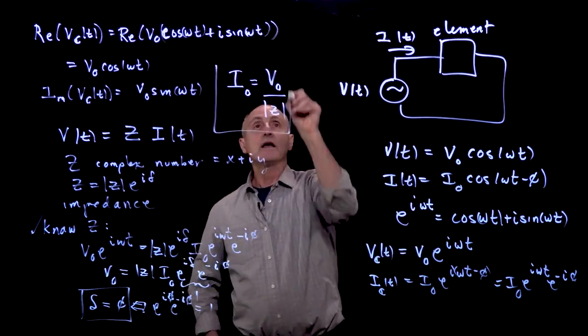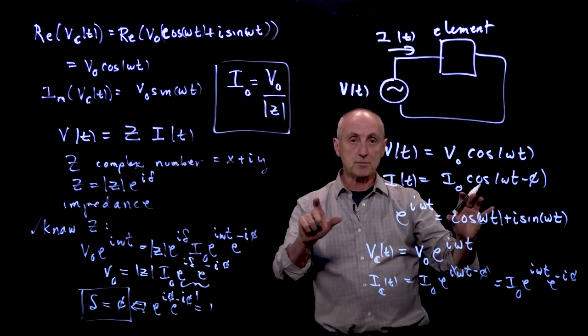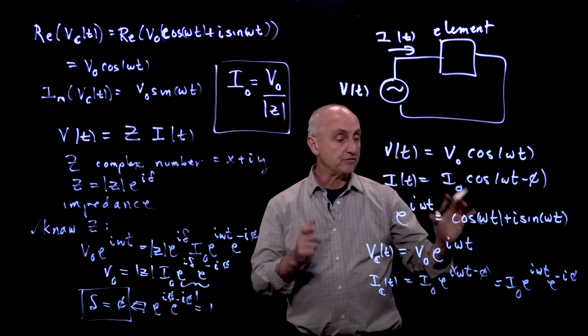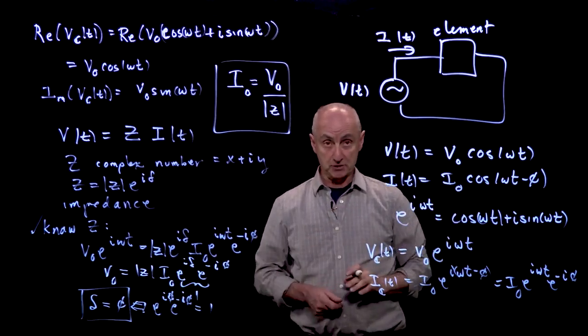So if we can write down the impedance as a complex number, then we can solve our problem of finding the current amplitude response and phase response.